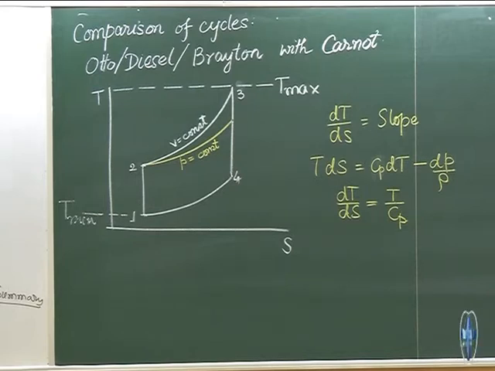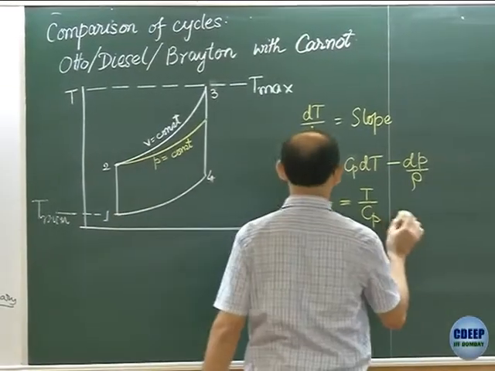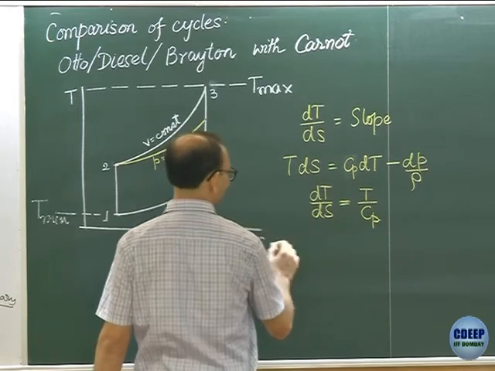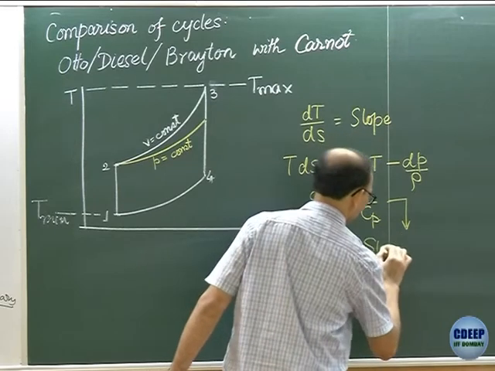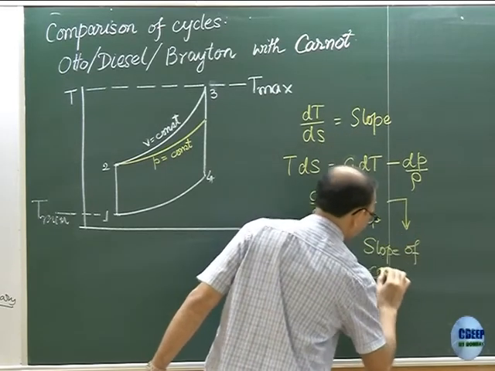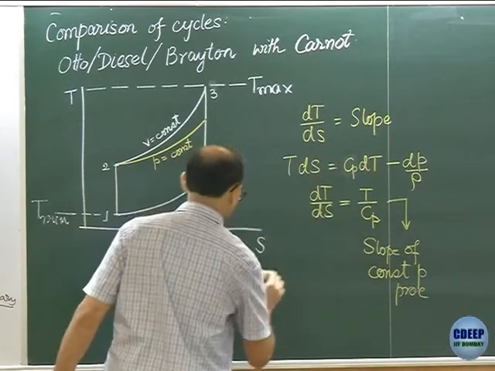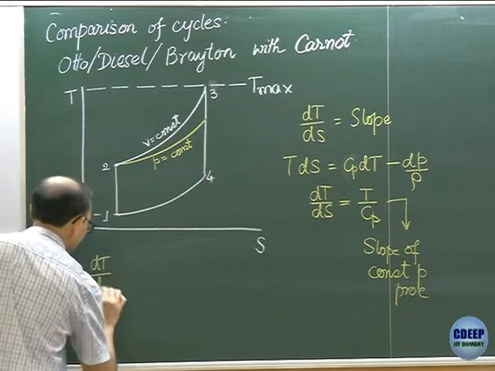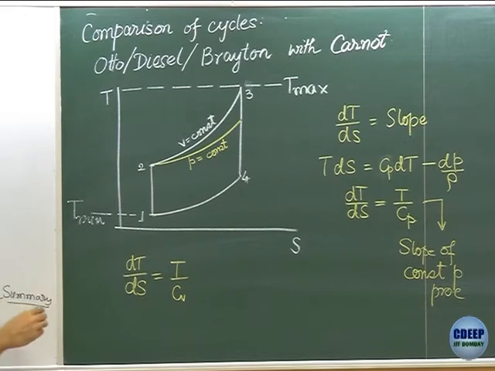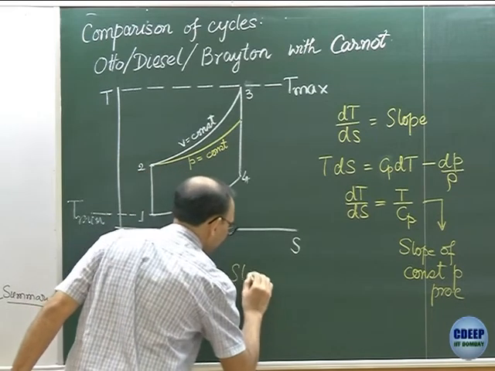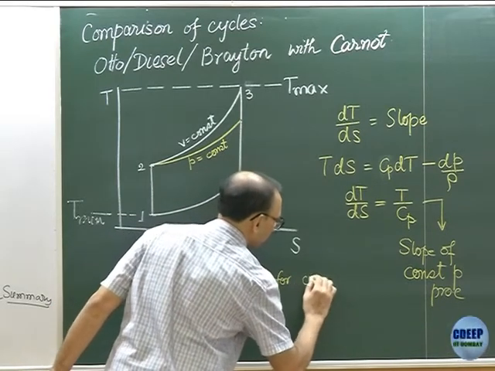But so the other one is, this is for constant pressure. So this is the slope of constant pressure process, and dT by dS equal to T over Cv is the slope for a constant volume process.